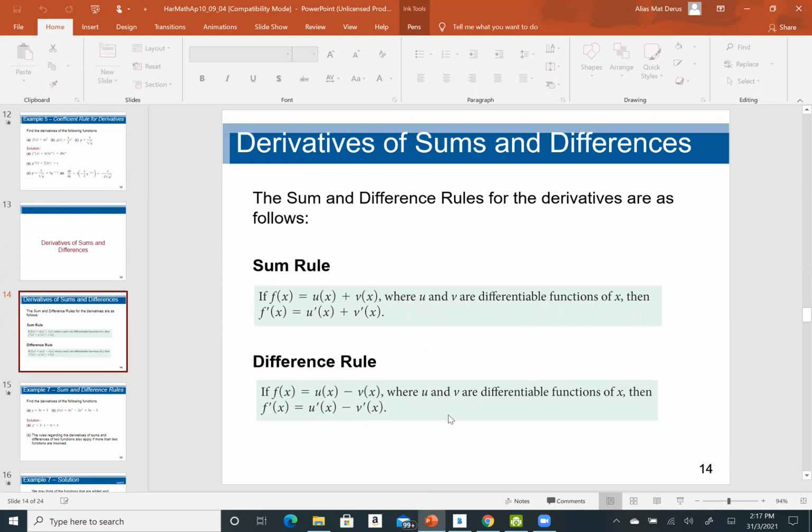Let's consider first the sum rule. If there are two terms, y equal to u plus v, then how do you take the derivative of the function?